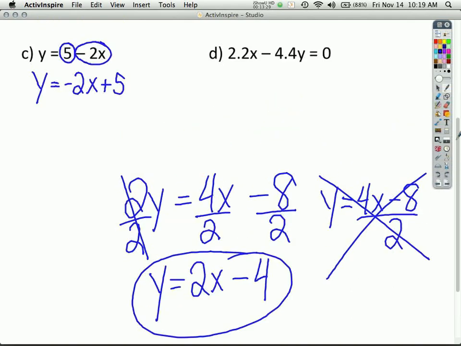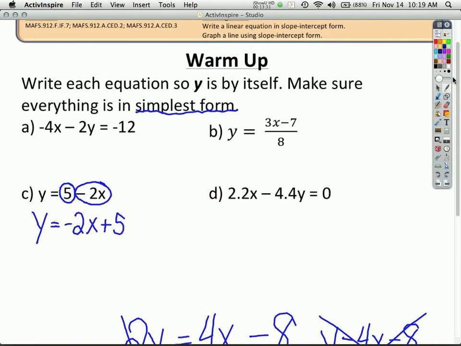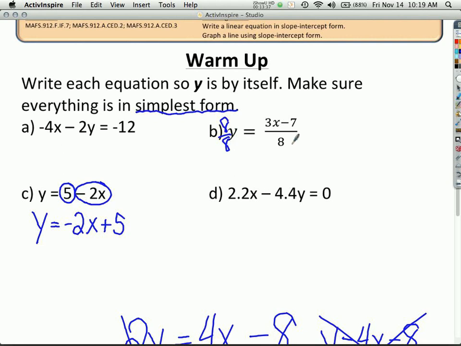So how did we do that here? Well, the division was already done. Imagine there was an 8 over 8 over here. Divide both sides by 8, right? But now I'm telling you, divide everything separately by 8. So it's really y equals 3 over 8x minus 7/8.